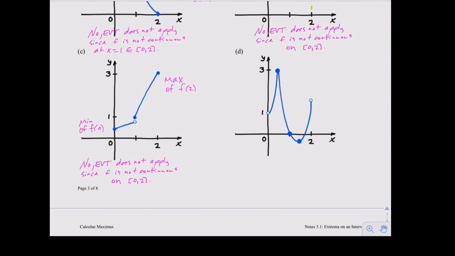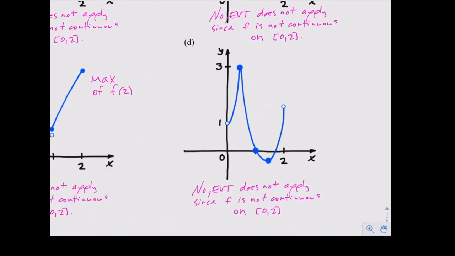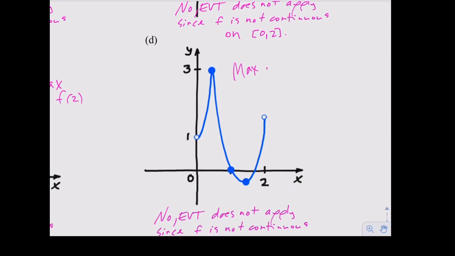And then finally, letter D. Does the EVT apply? No. The EVT didn't apply on any of those, because none of them were continuous on the closed interval. Do we still have a max and a min? Yeah, here we have a maximum of 3. I don't even know the x value where it occurs. Well, what's, again, the value of the derivative there? It looks like it's a sharp turn.